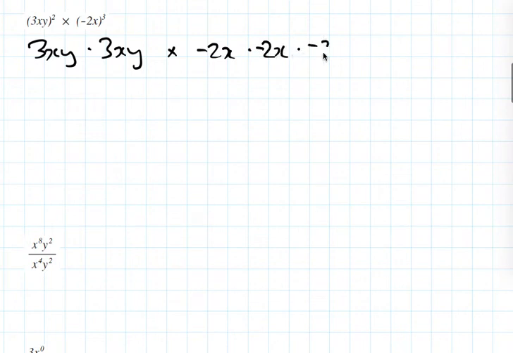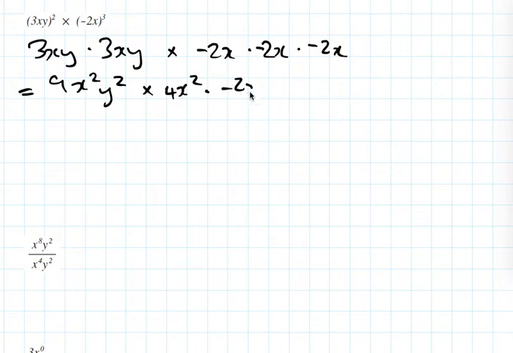So 3 times 3 is 9, x squared y squared, times, a negative and a negative is positive, so 4x squared times negative 2x, which equals 9x squared y squared times negative 8x to the power of 3.